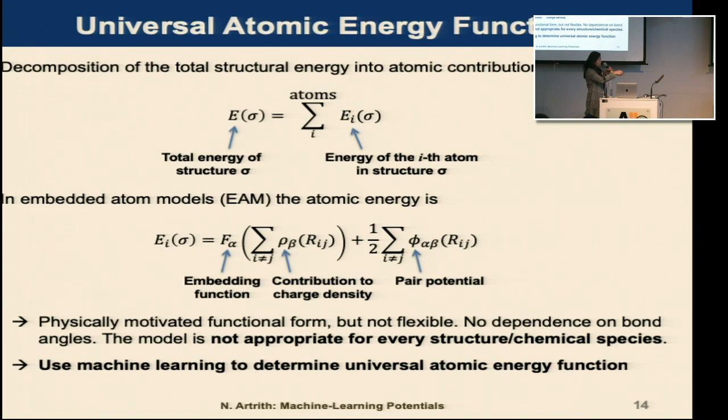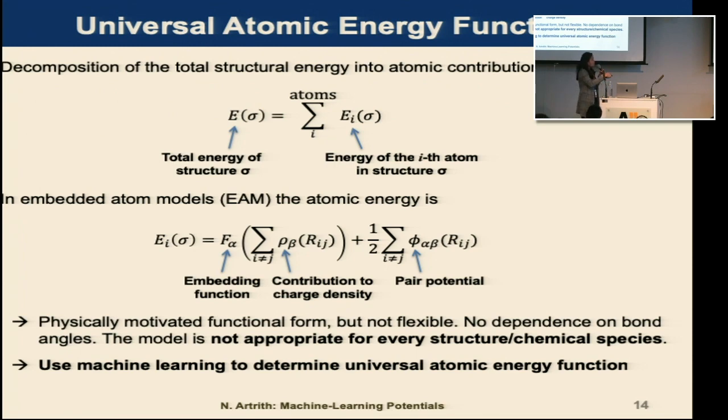The second term comes from the pair potential between atoms i and j. The first term comes from the contribution of the charge density, which is embedded with a functional. This atomic energy function contains physics, but is actually not yet flexible, because different types of EAM potential can only be used for some kinds of applications.